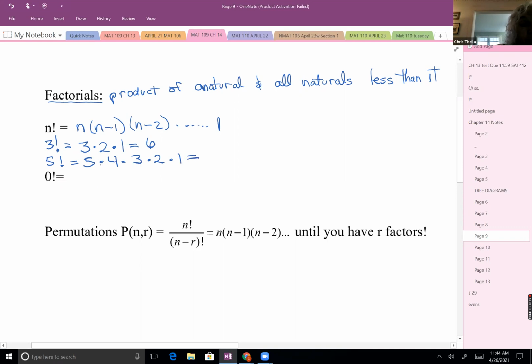So 5 times 4 is 20, times 3 is 60, times 2 is 120. This definition is only for natural numbers. 0 is not a natural number, so we have to define 0 factorial separately. I'm going to rewrite it so I have a little more space. 0 factorial will always equal 1.